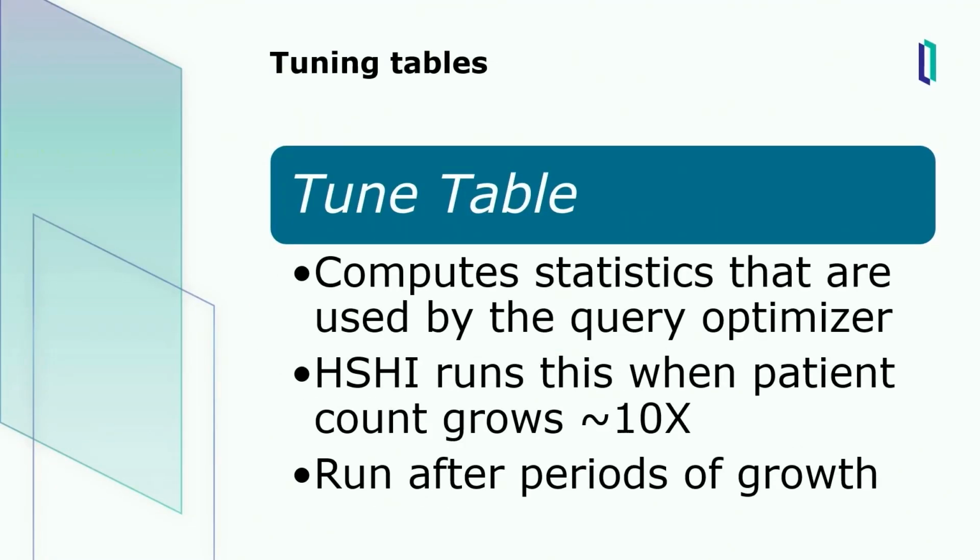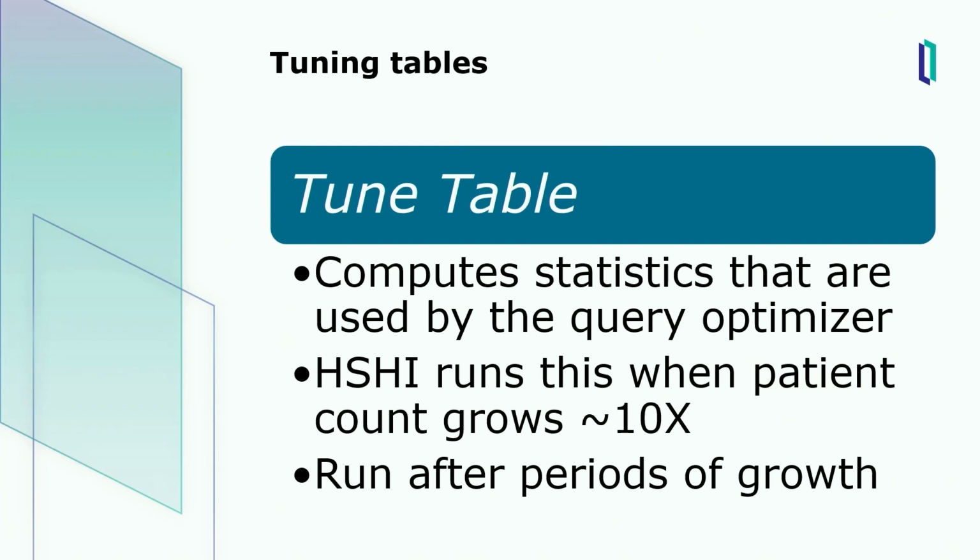Tune table, some of you may be familiar with this. This is an Iris concept where essentially, periodically, Iris needs to capture information about the table before it can optimally run queries. Health Insight runs tune table periodically, roughly on an order of magnitude growth in data, but this can be suboptimal. In future releases, we're going to run it more frequently, and Iris, the data platform, is also working on automating and improving this.